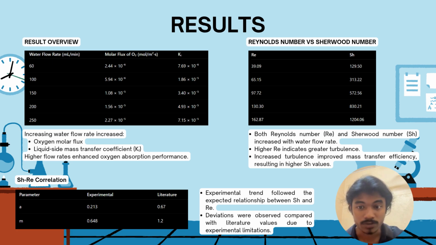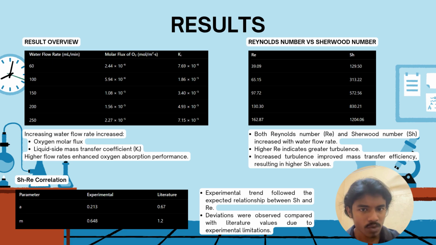Next, looking at the Reynolds number versus Sherwood number table on the right, we can see that both Reynolds number and Sherwood number increase with water flow rate. The Reynolds number goes from 39.09 to 162.87, indicating a higher degree of turbulence in the system.